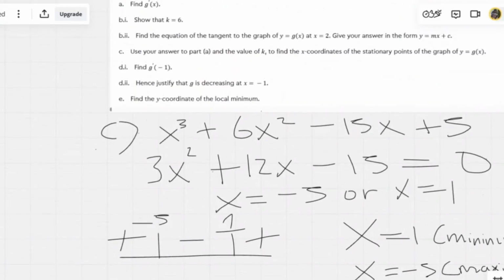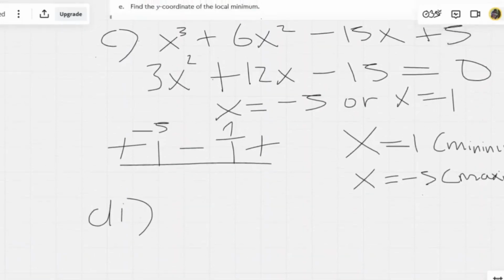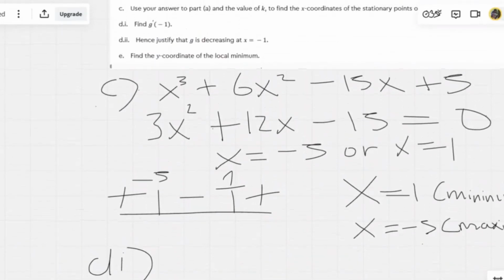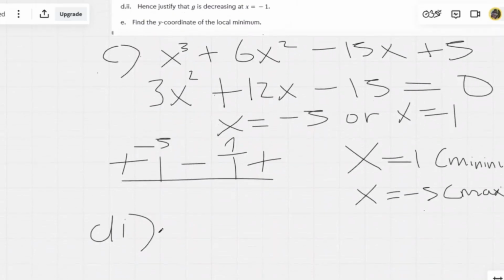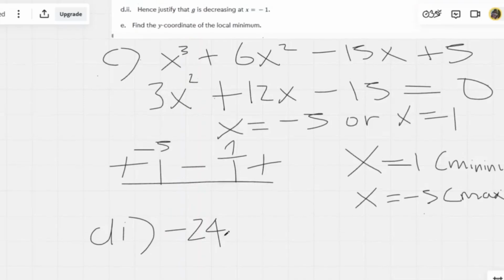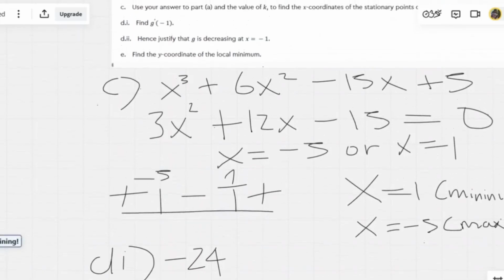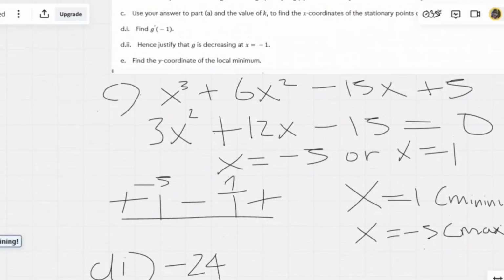Now onto D1. D1 is really simple. You plug minus 1 into the derivative, or g prime of x. That will simply give us minus 24.